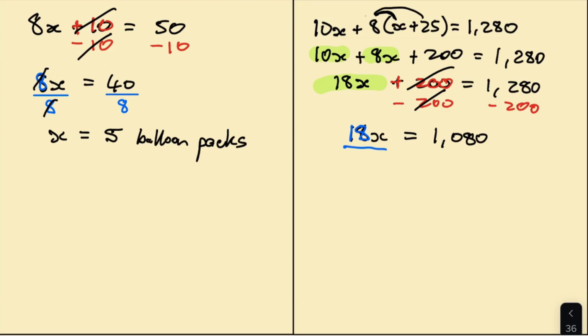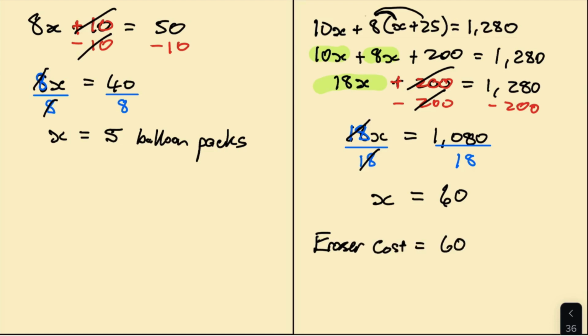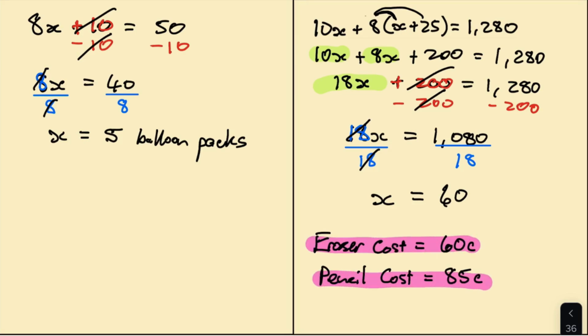I undo the multiplication by dividing by 18 on both sides. 18 cancels with 18. x is equal to 60. So our eraser cost is 60 cents. And our pencil cost is 25 cents more, so it is 85 cents. And that is our problem solved.